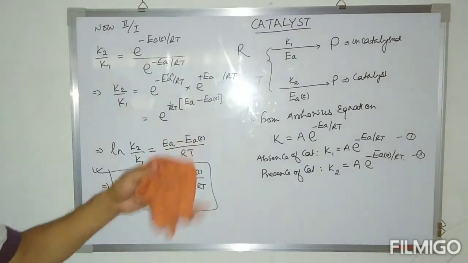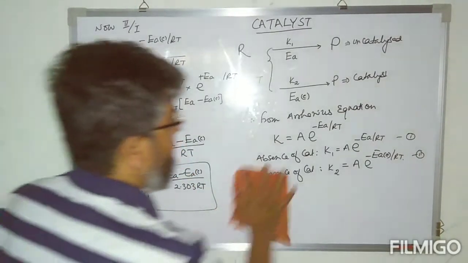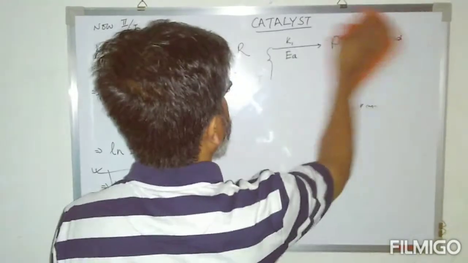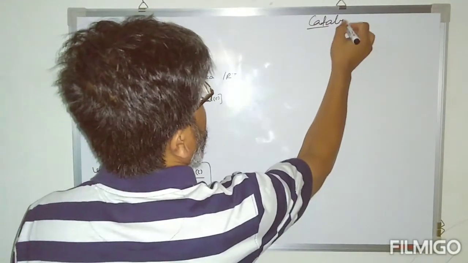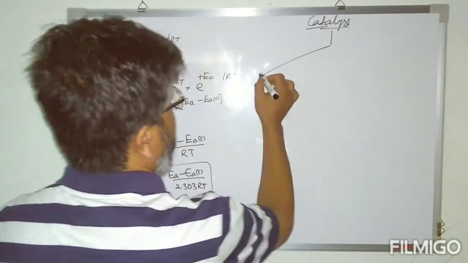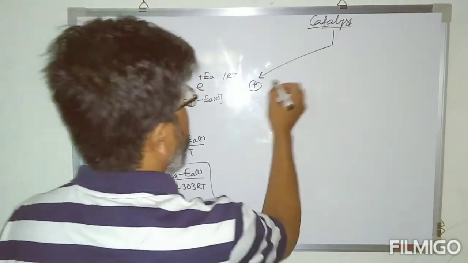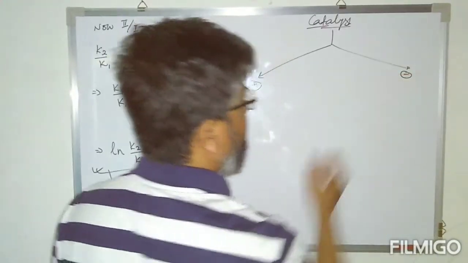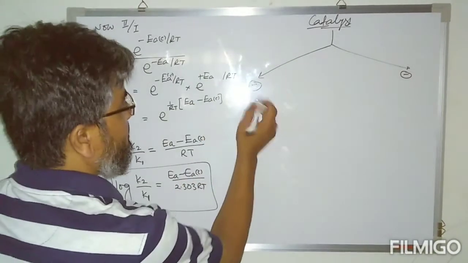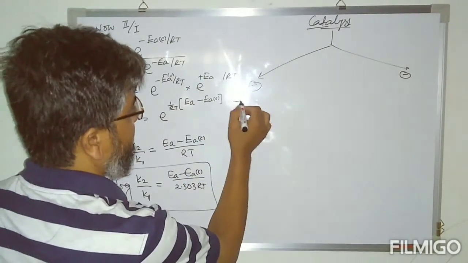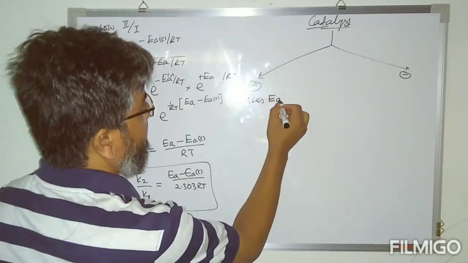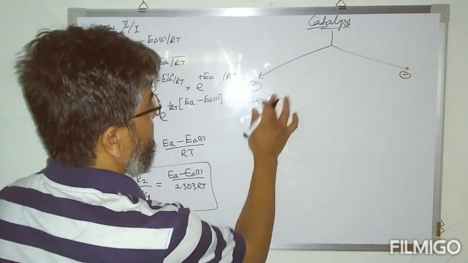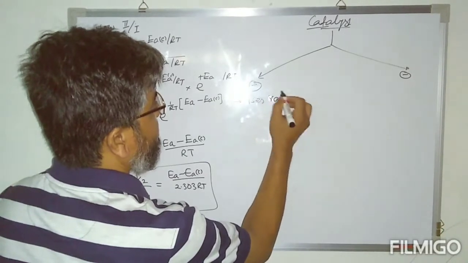So considering this, catalysts are of two kinds, one positive, the other negative. These positive catalysts increase the rate of reaction.